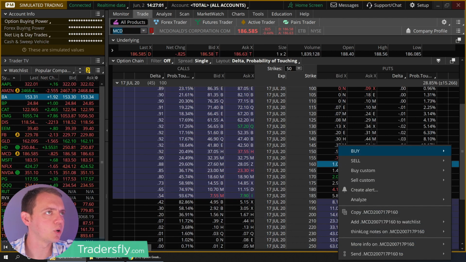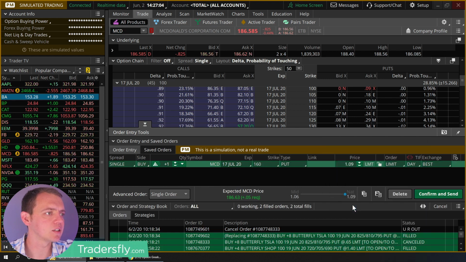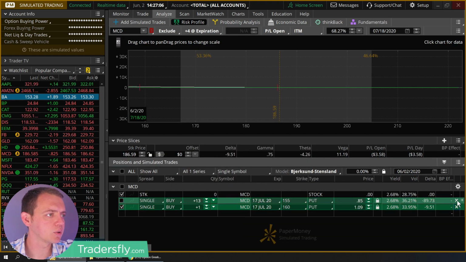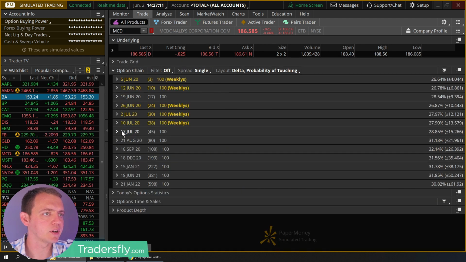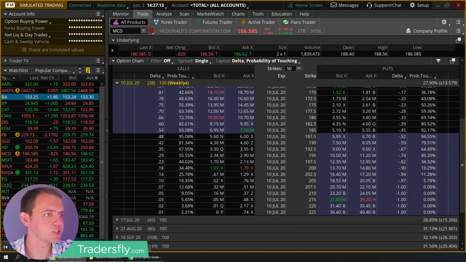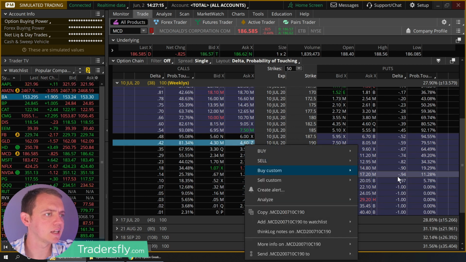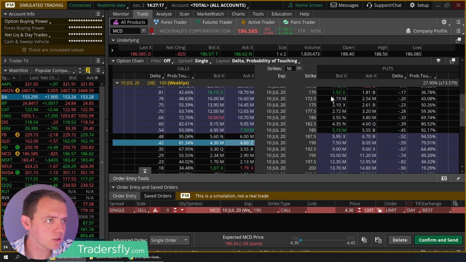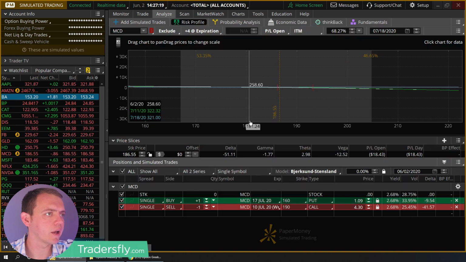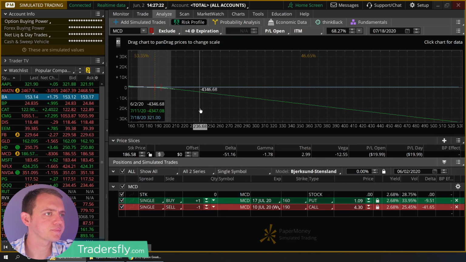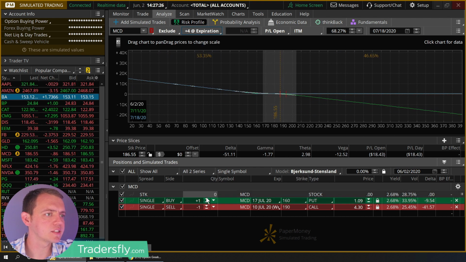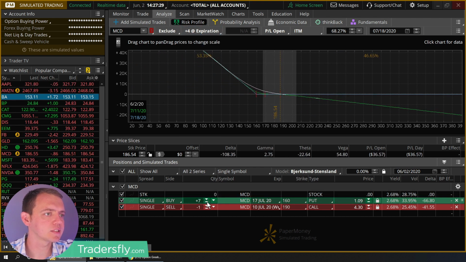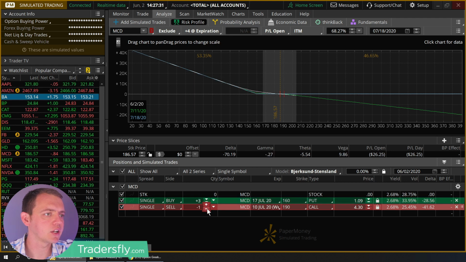So I'll buy a put right here, a single put, and I will sell a call. And I'm going to do this on a different expiration so you can see the difference. Sell a call. Okay, so here's what I got. When I look at this kind of trade, let's bump up a couple contracts. Let's say 3 contracts here, 3 contracts here.